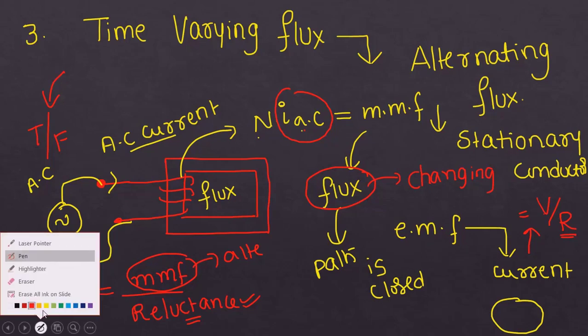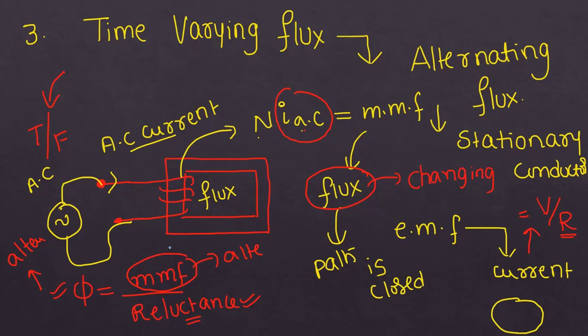Now just observe this. The flux we got is changing flux. Now this flux linking with the N number of turns is changing. So according to Faraday's law, when the flux linking with a conductor changes, EMF will be induced.